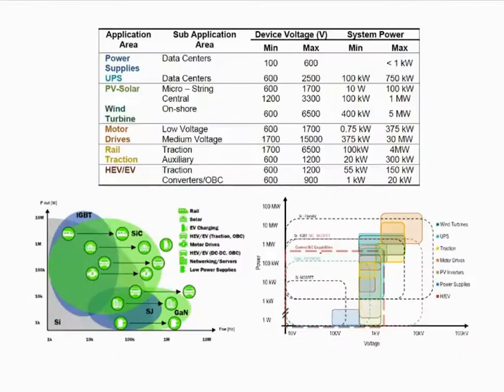And this table will show you, for different applications, for solar, wind, motor drives, for hybrid and electric vehicles, typically what voltage rating is required and what the minimum and maximum power levels are, so that you can get a clear idea for which application what type of voltage blocking capability is required.